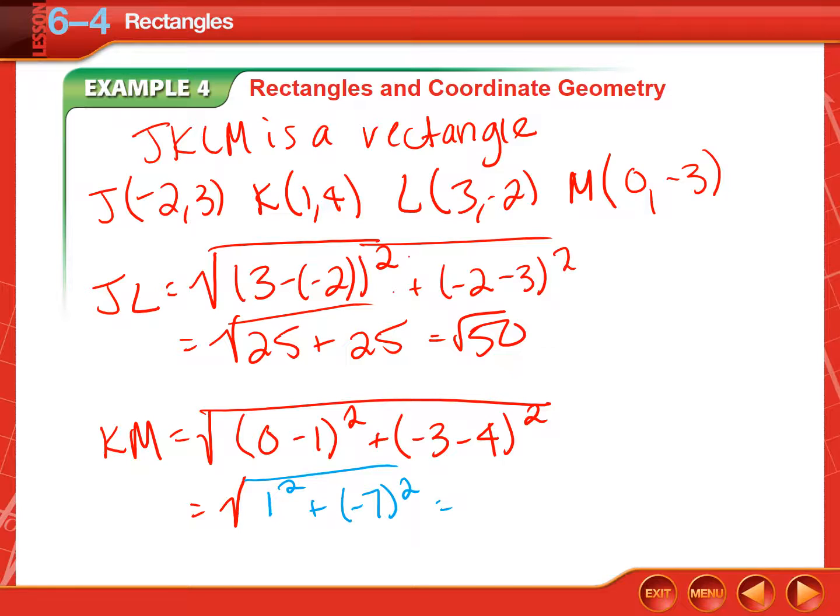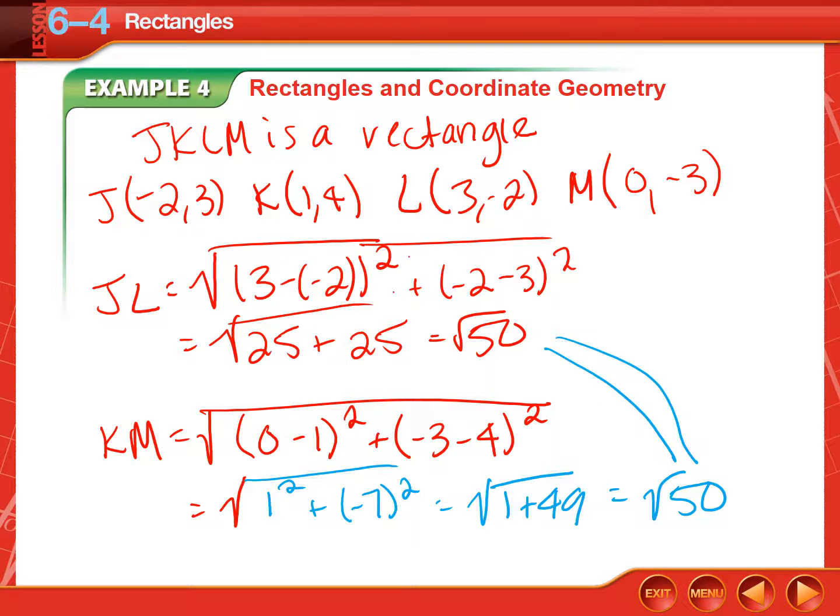So we've got 1 plus 49, square root of 50. All right, notice that these two are equal to each other, so we can say that, yes, JKLM is a rectangle. And then we are finished.